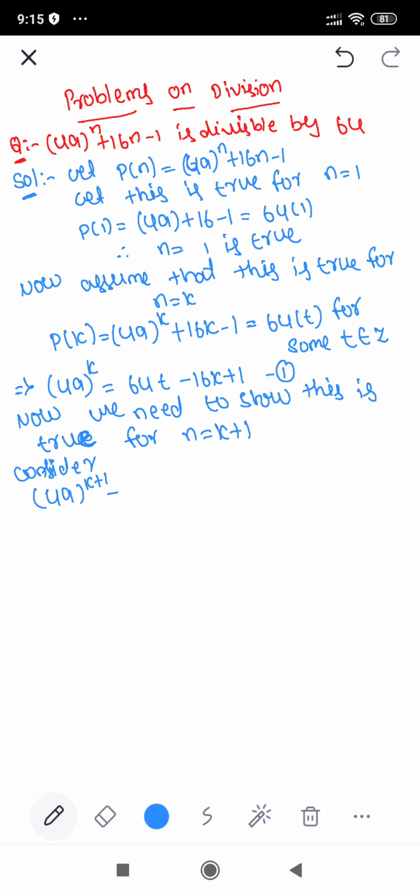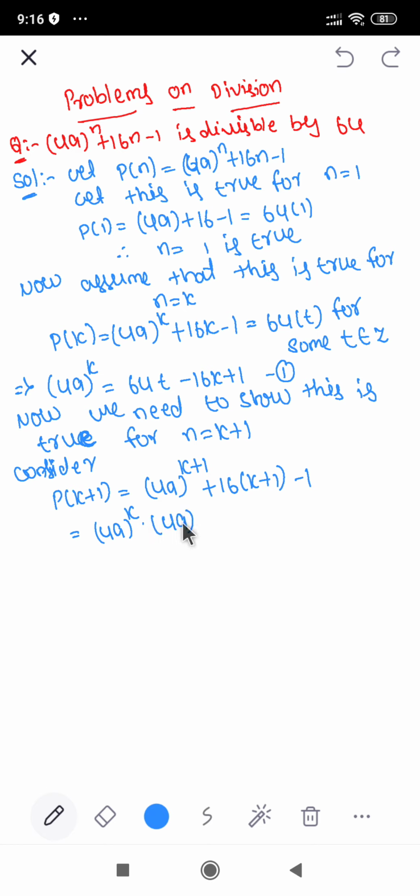Before that, we just need to go for P of k plus 1th term. P of k plus 1th term is equal to 49 to the power k plus 1 plus 16 times k plus 1 minus 1, which is equal to 49 to the power k into 49.